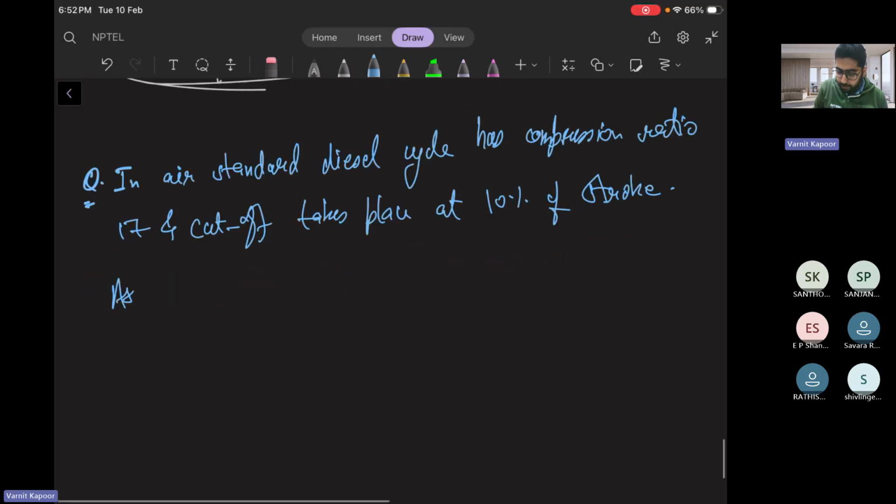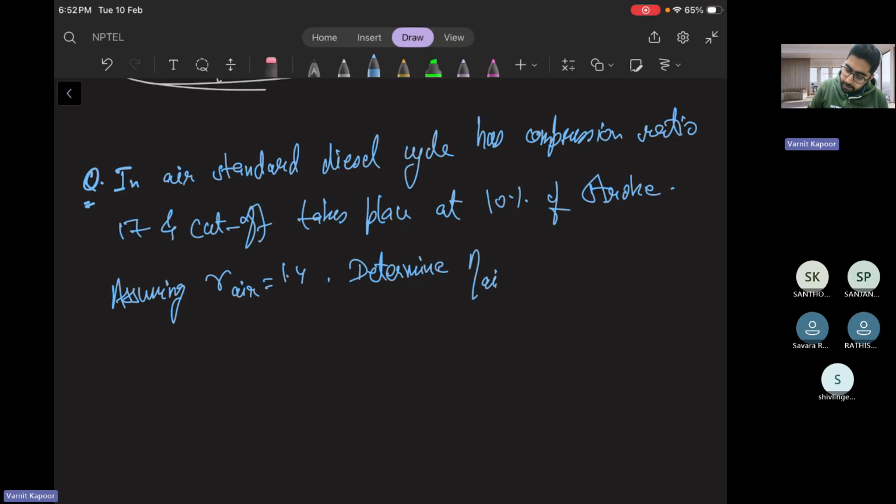Assuming gamma of air is 1.4, determine the air standard efficiency. Okay, air standard efficiency. Please solve it.